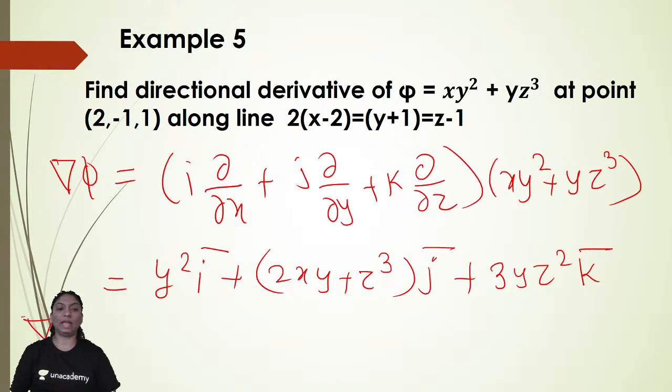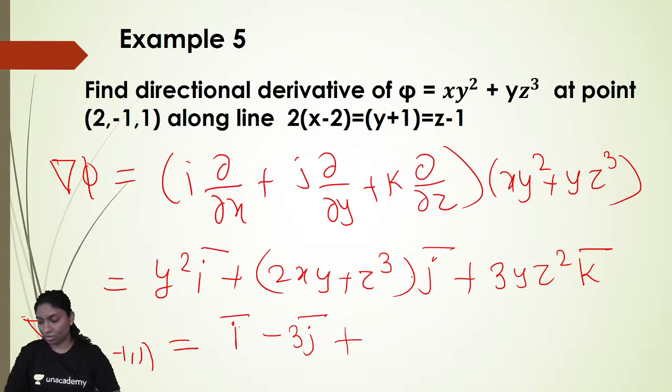Calculate del phi at point P. P is given as 2, minus 1, 1, so minus 1 square, that is i bar, plus 2 into x into y, so 2 into 2 into minus 1, that is minus 4, plus 1, you get minus 3 j bar.